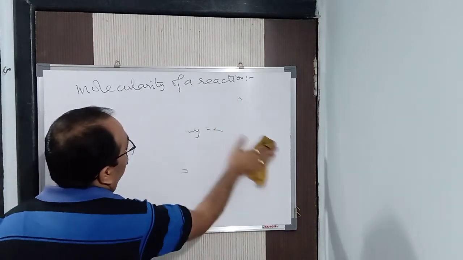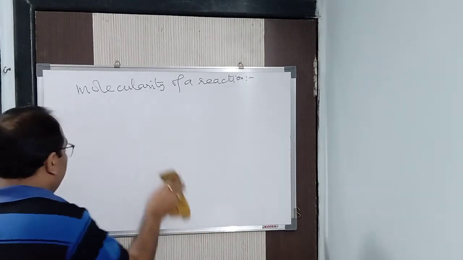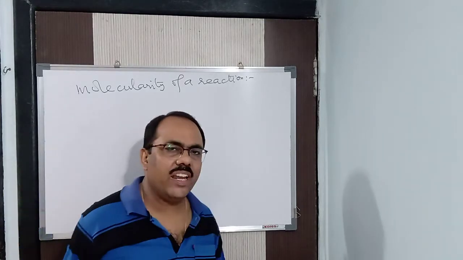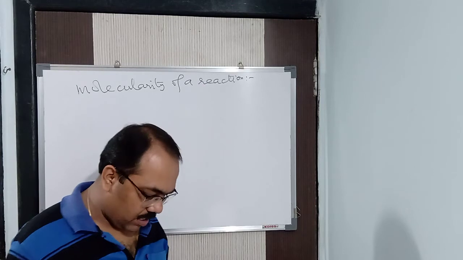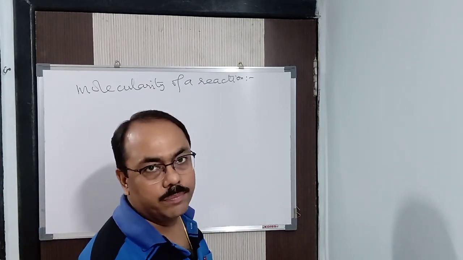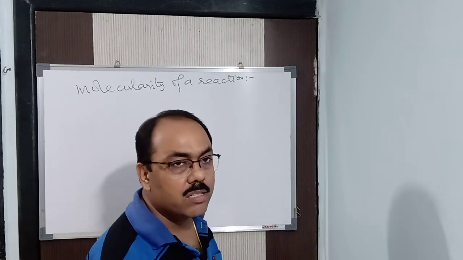Okay. So next, what I said to you applies to a single step reaction; all these are single step reactions. Now suppose a reaction is complex, with several steps in a particular reaction. It is not a single step reaction.